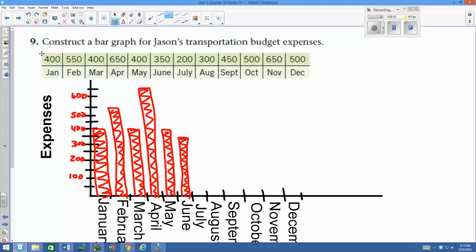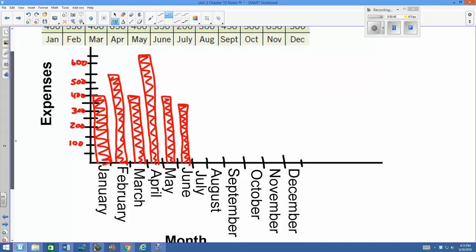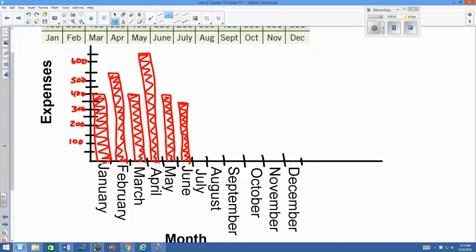So obviously I'm not going to go by ones because it would be way too big. Then I'm going to also look at what I should put on my x-axis. So I'm going to need one for each month. So I'm just going to write out each month along the x-axis. And then you just match up the numbers.